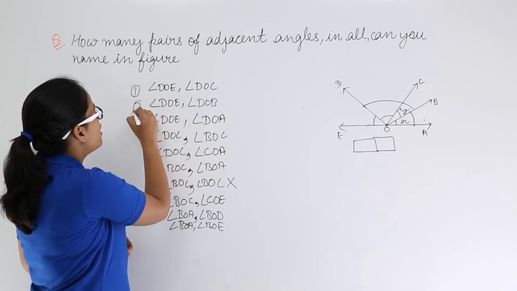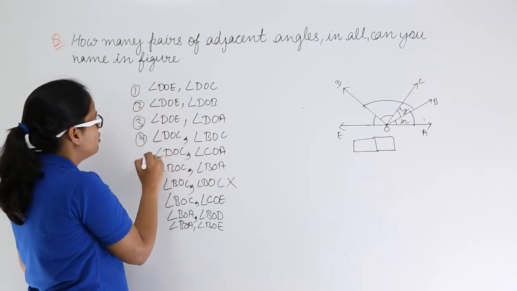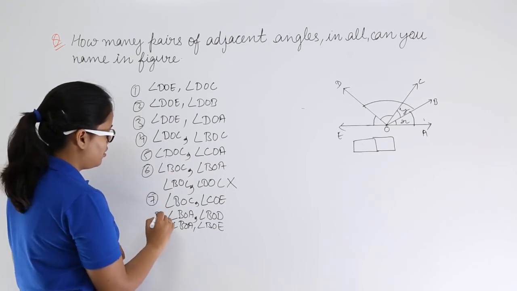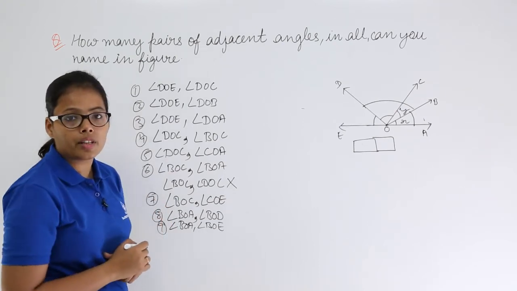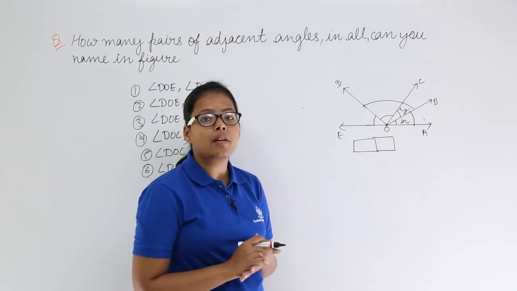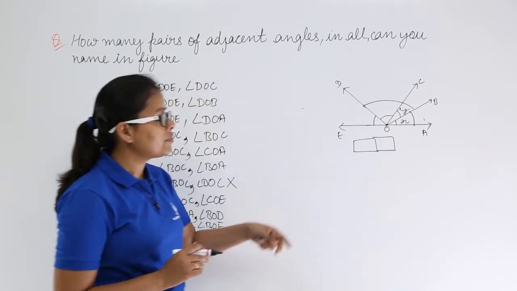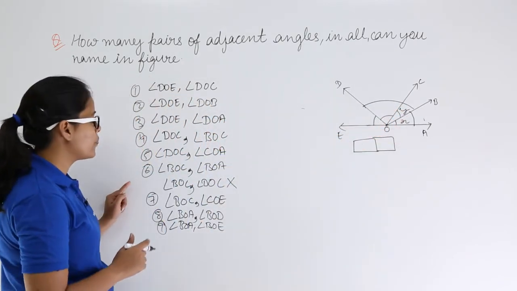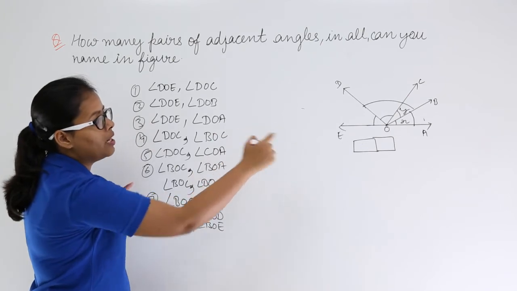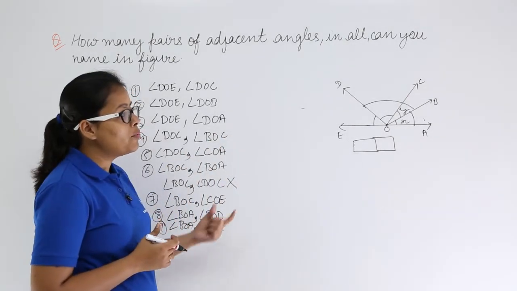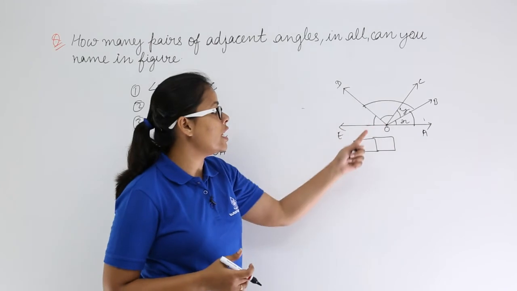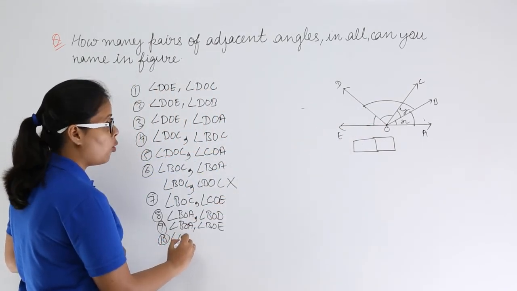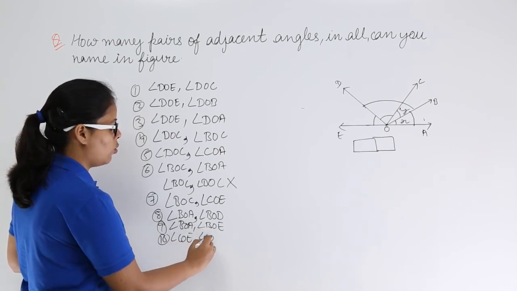So how many cases have we got? 6, 7, 8, 9. Now see if there can be any more case. One more case can be angle COE and angle COA.